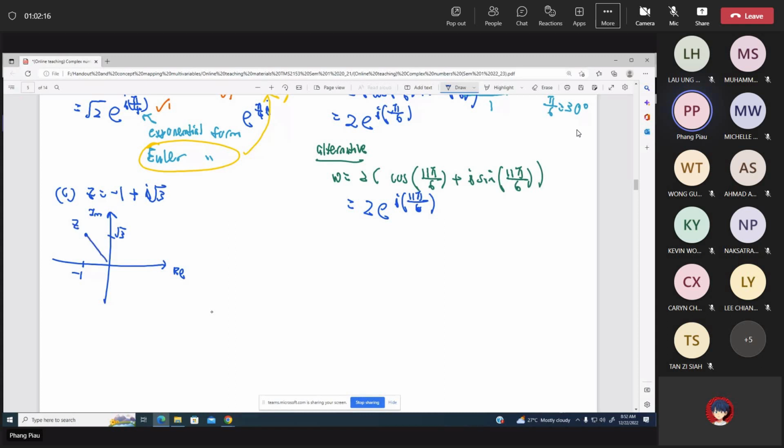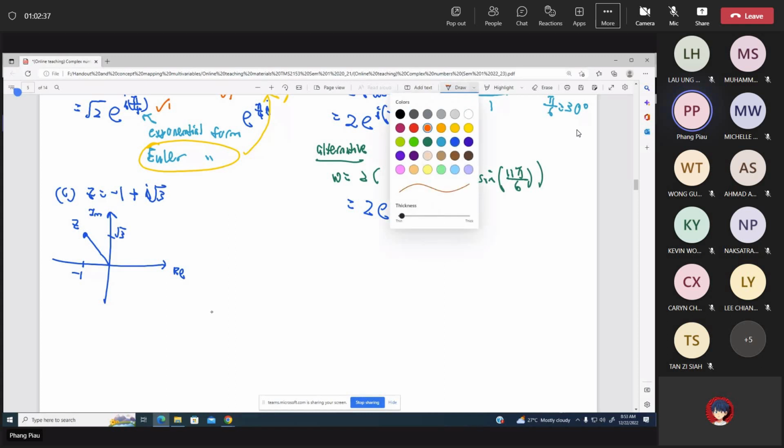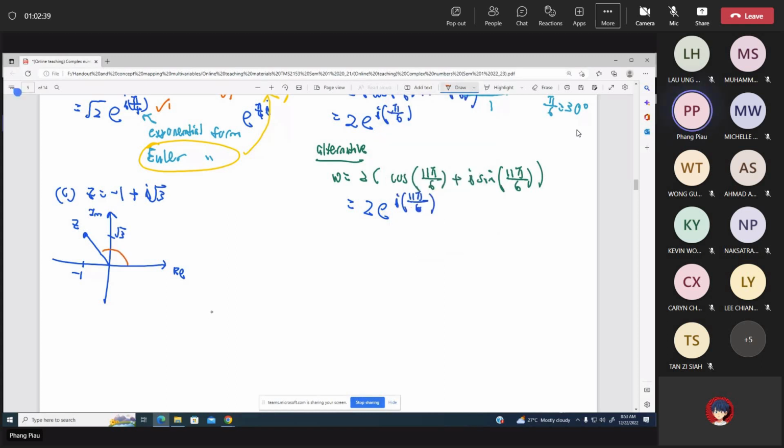Especially in the second quadrant and the third quadrant, you have to be very, very careful. Why? Because if it is in the second or the third quadrant, the theta actually refers to this.